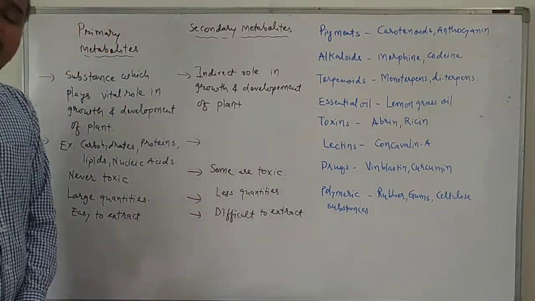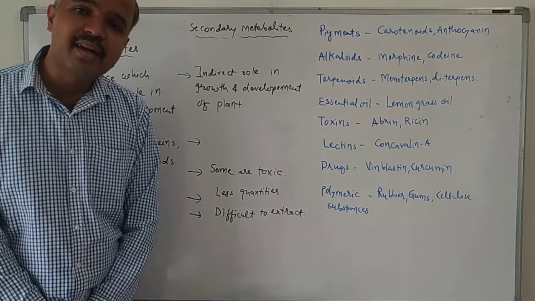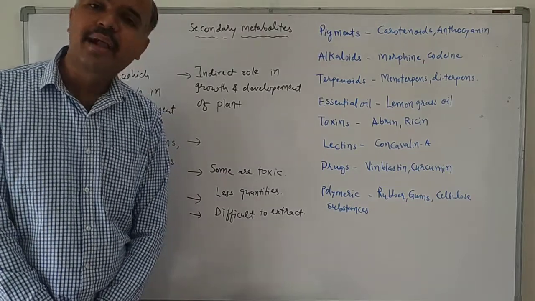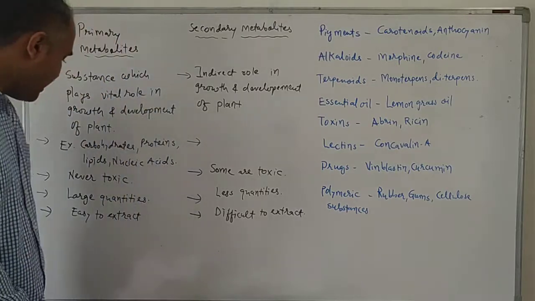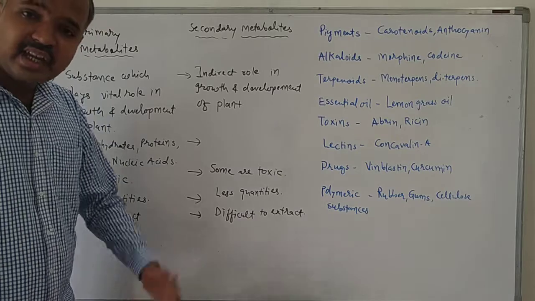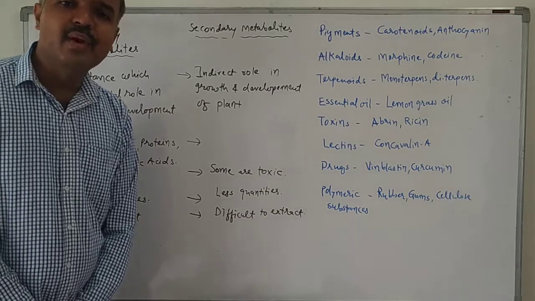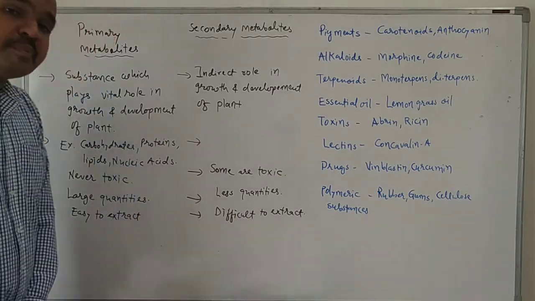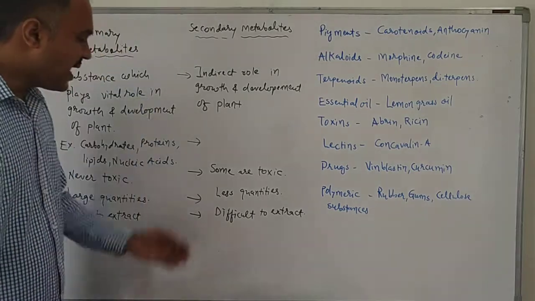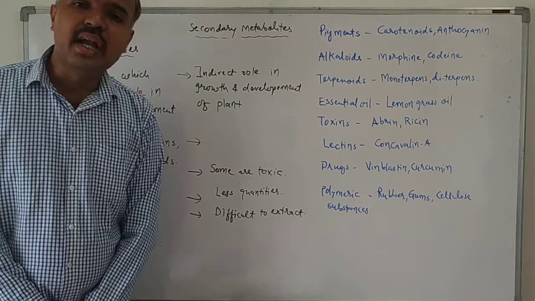Without primary metabolites, the plant is unable to survive, but without secondary metabolites, the plant can easily survive. Primary metabolites are never toxic in nature, whereas some of the secondary metabolites are toxic in nature. The quantity of primary metabolites is very high in the plant's body, whereas the quantity of secondary metabolites is very less.